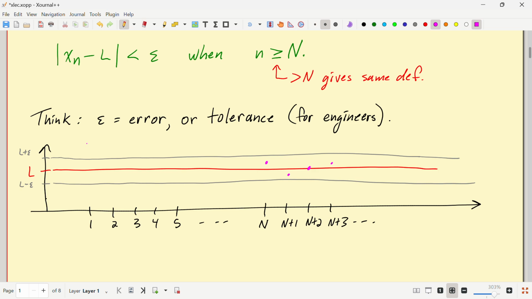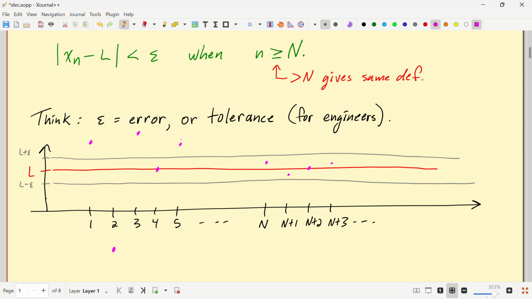The early ones before that could go all over the place. So they could be above there, they could be negative, they could be way above there. They could go inside. They could actually hit L if they wanted to, but usually they're all over the place maybe. But eventually, you get a tail end of the sequence that's stuck.